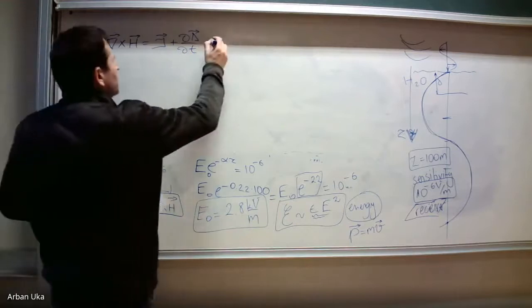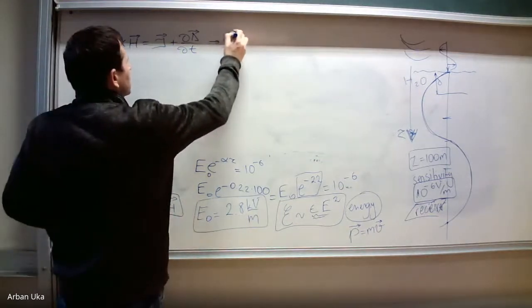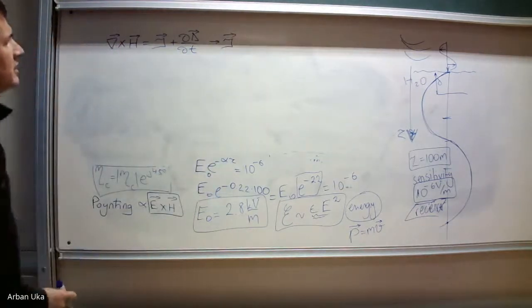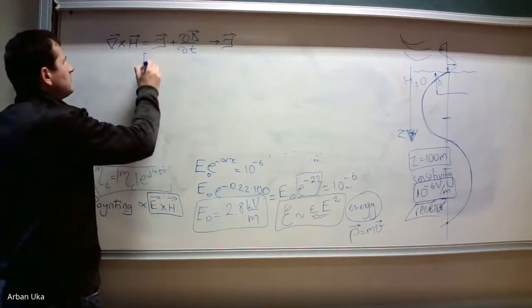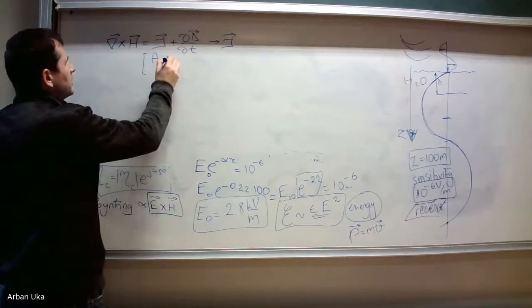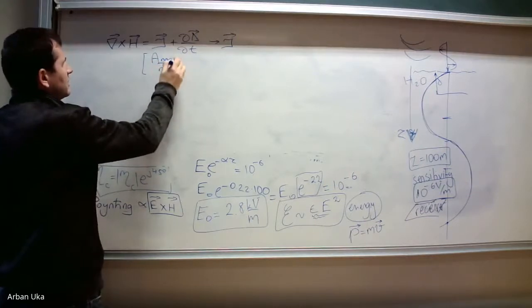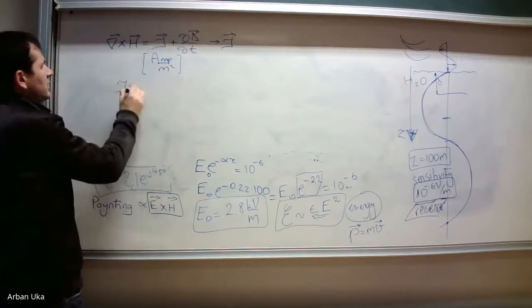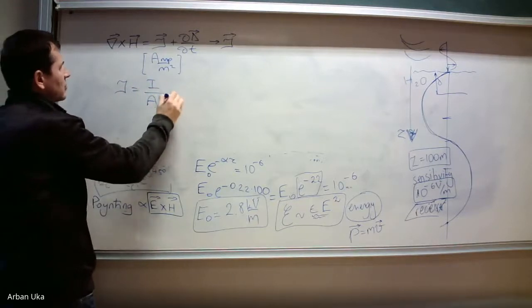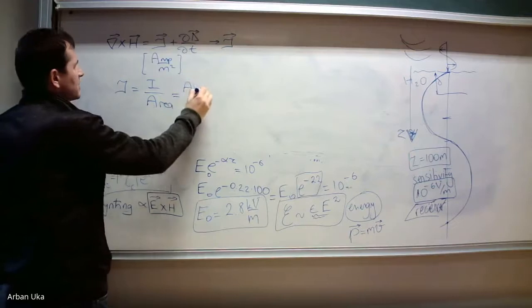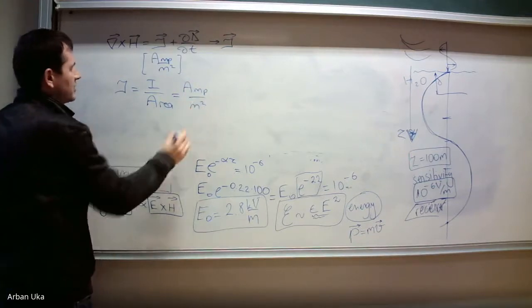Now from here, we see that the current density, J, has a unit of ampere per meter square, because we know that J is equal to current I divided by the cross-sectional area. So this is ampere divided by meter square.